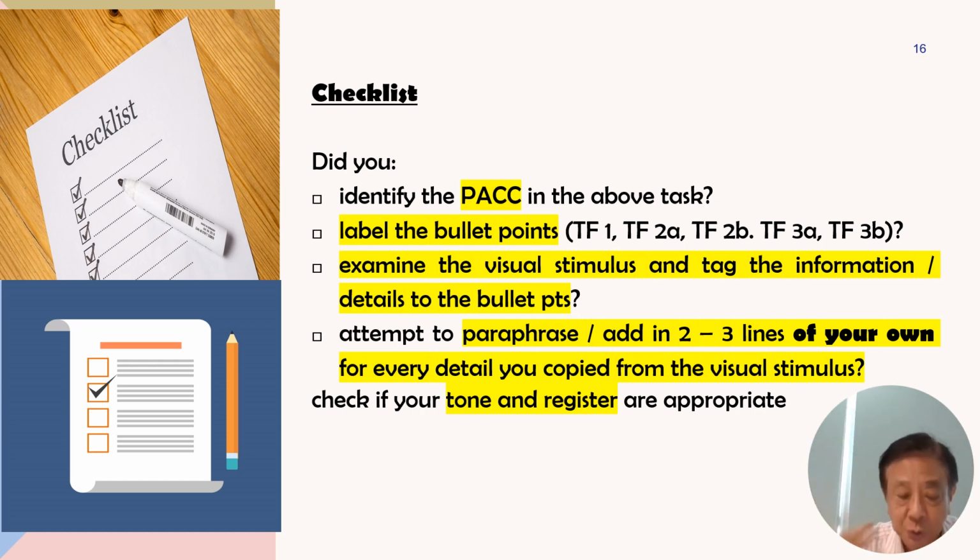So important that you identify and label the bullet points, examine the visual stimulus, and also tag the information to the bullet points, right? And also attempt to paraphrase using your own words rather than just lifting every single word of information from the visual stimulus.